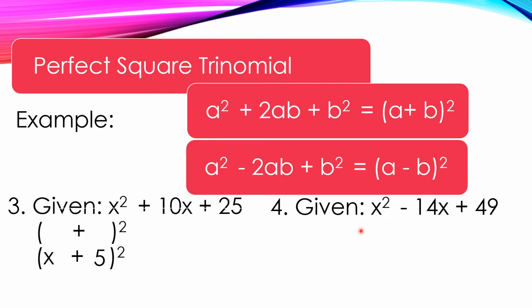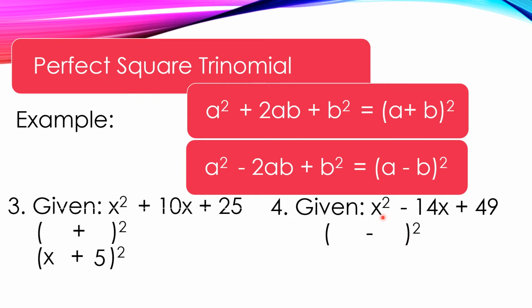Another example, number 4, x squared minus 14x plus 49. In this case, the sign of the middle term is negative, so we follow the second pattern. First, we draw one parenthesis wherein the operation between the two terms is negative and it is raised to the second power.